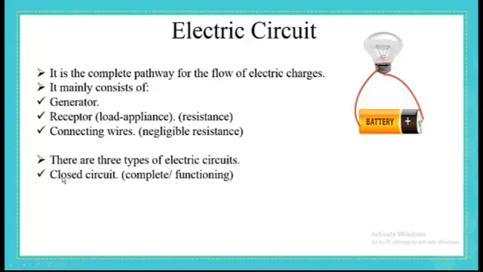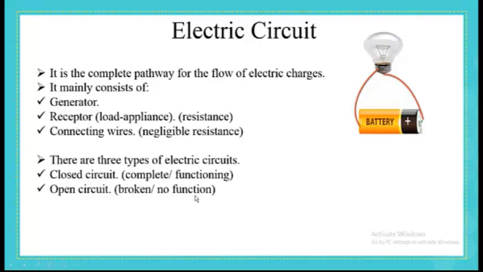Starting with the closed circuit, which provides a complete pathway for the charges, so they will traverse the loads, and thus the appliances or the loads are going to be functional. The second type is the open circuit, which is characterized by a broken, incomplete pathway, and because of that, the appliances are not going to function.